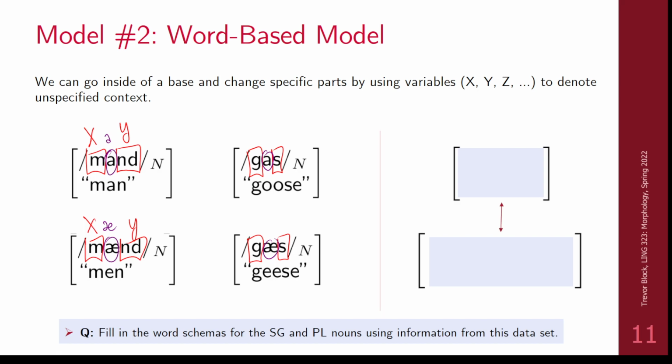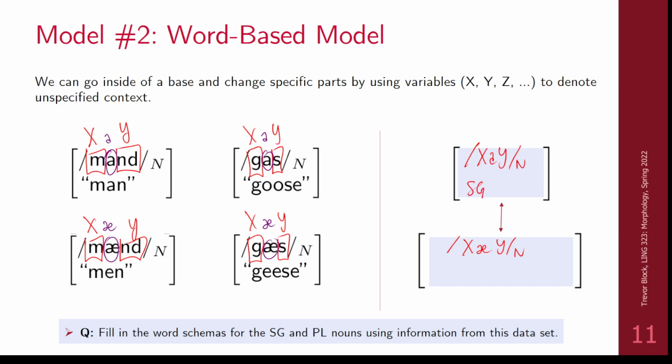And it's the exact same pattern with the other word forms here. There's something to the left and right of the vowel, and it is the vowel that is changing. So we can use variables here and say, if we have a word form of the form XAY, where X and Y are whatever, and it's a noun, there's going to be another word form, XAY, that's also a noun.